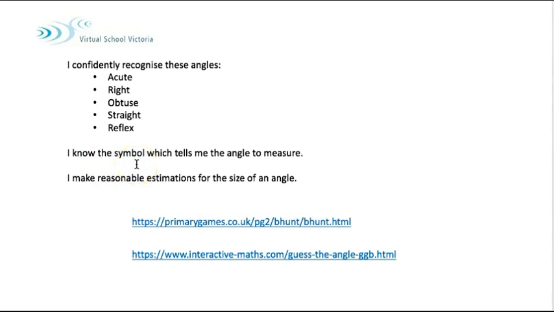We know that the curved arc that shows the rotation is the angle that we measure, and we use good problem-solving skills to make a reasonable estimation for an answer. And finally, see if you can help those monkeys at the banana hunt game there.